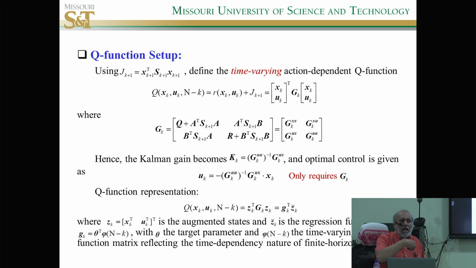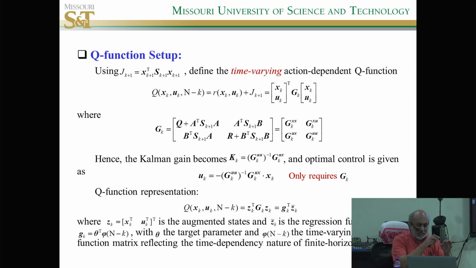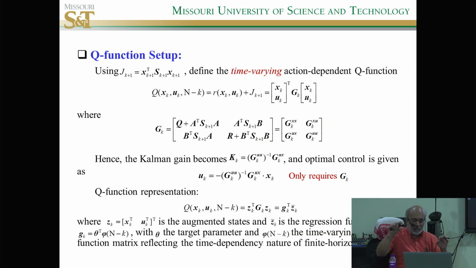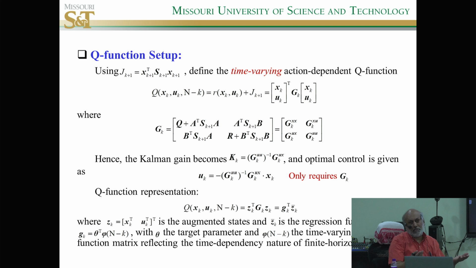So at every instant of time, I reconstruct the gk, and then I take that gk uu, invert that and multiply by the first element. That gives me the gain. So by doing this, I am able to avoid the need for A and B. You see? Any other questions?